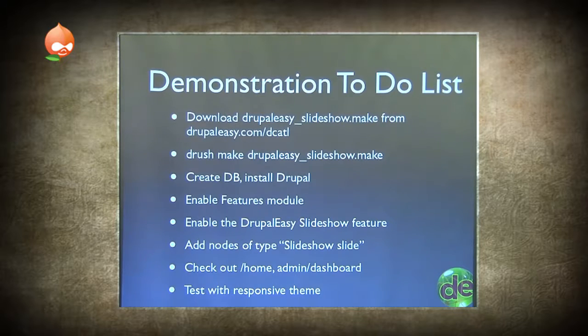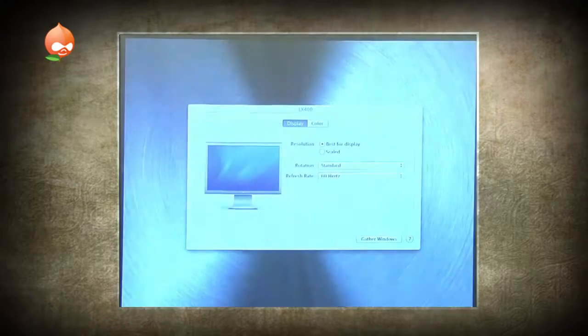And what Drush Make does is it goes out and downloads Drupal core, downloads all the modules you need, downloads my feature, puts it all in there, and then you can just get everything up and running. And I'm going to go through that entire process, other than the downloading, because I don't trust Wi-Fi anywhere, unless it's in my house. Okay, so let's do a little demo here.